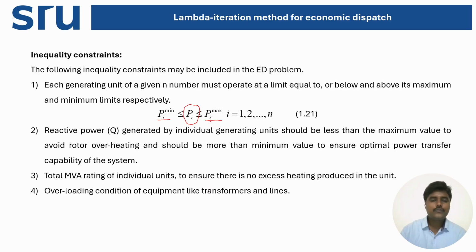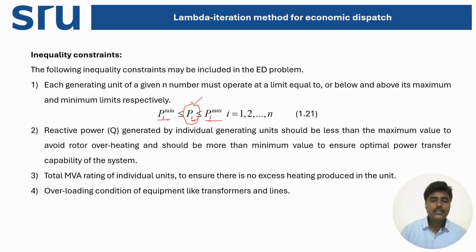If you do so, what will happen? That particular generator will be overheated because of more current, then more copper losses, then more temperature rise, and ultimately it leads to failure of insulation and damage to the generator. So it's our duty to ensure that each and every generator is giving its power output within the range of minimum limit and maximum limit.